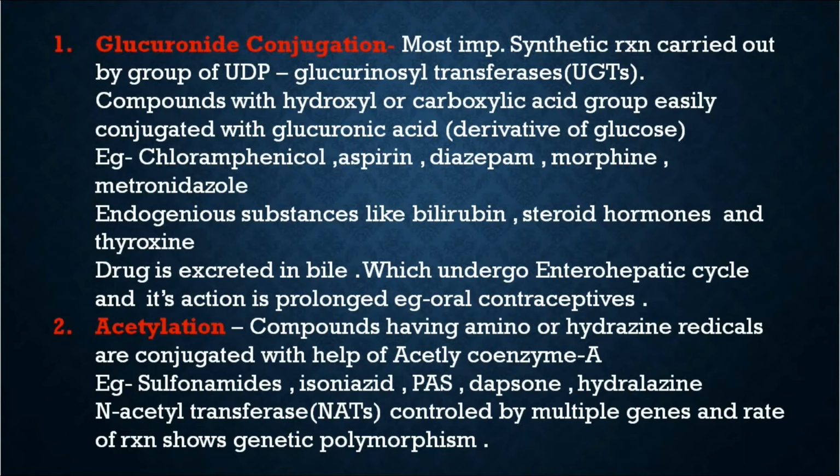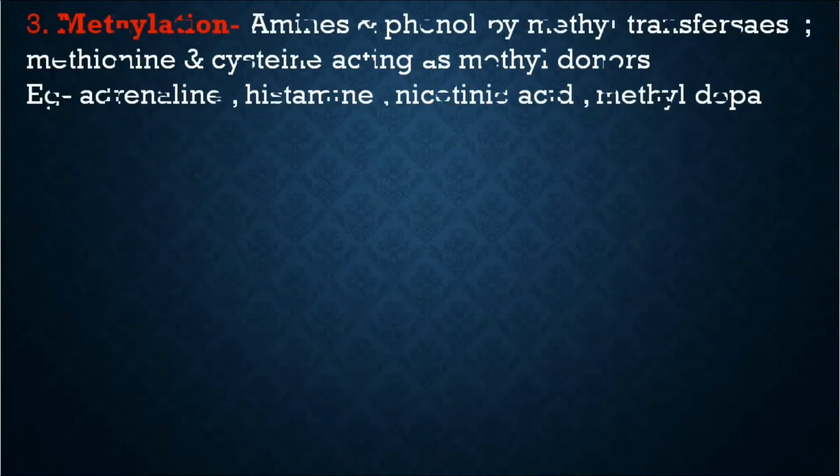Acetylation: compounds having amino or hydrazine radicals are conjugated with the help of acetyl coenzyme A. Example: sulfonamides. Methylation: amines and phenols are methylated by methyl transferases, in which methionine and cysteine act as methyl donors.